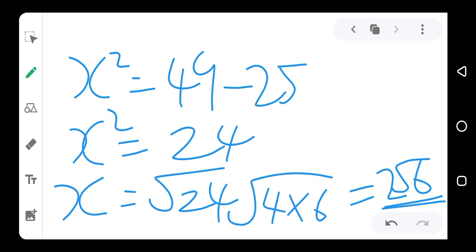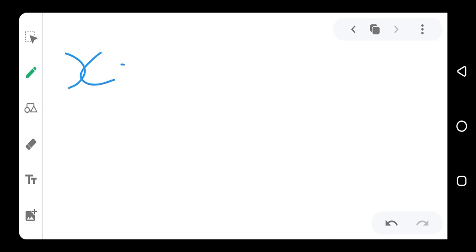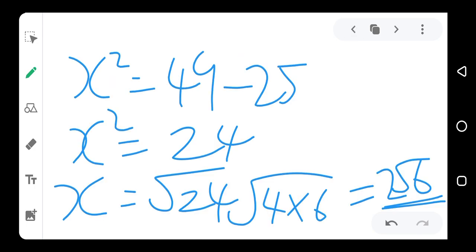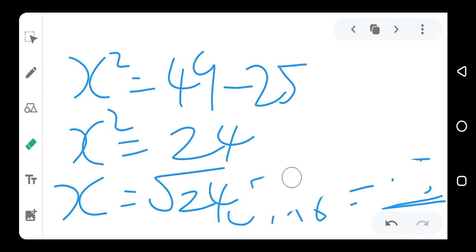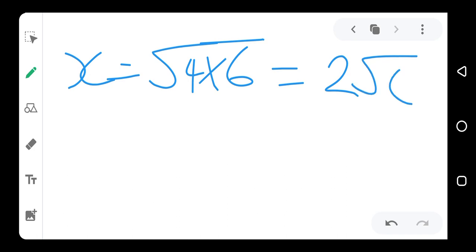We can also say that x is equal to root 4 times 6, which is equal to 2 root 6.